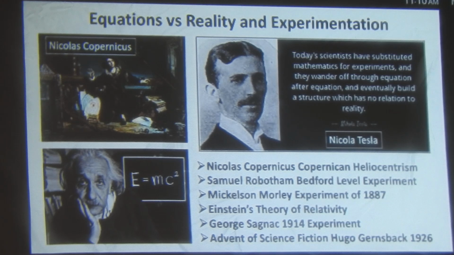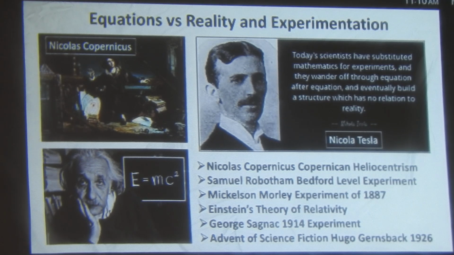So again, a failure for Einstein's theory of relativity, and then you have the advent of science fiction. If you can't get that model to work one way, mix in a little science fiction to help sell it, and that's what occurred back in the early 1900s, 1926, when you have the advent of science fiction. Science used science fiction to help sell that model.